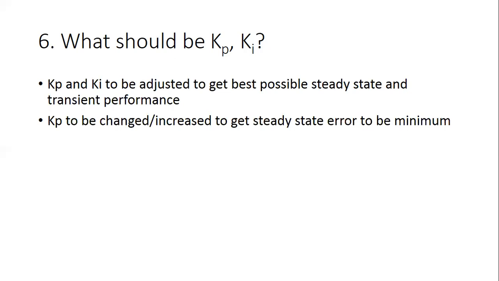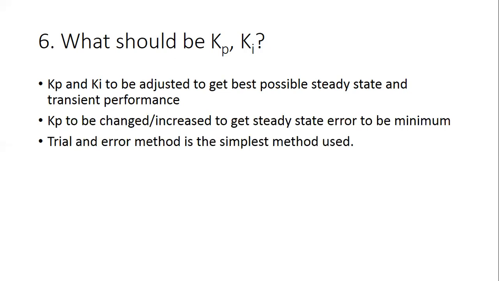So once again, a lot of work can be done in PI tuning itself. I have done here a simple trial and error method. A lot of work is still pending, and students are encouraged to go for a very proper method of PI tuning, and then you'll have a better performance.